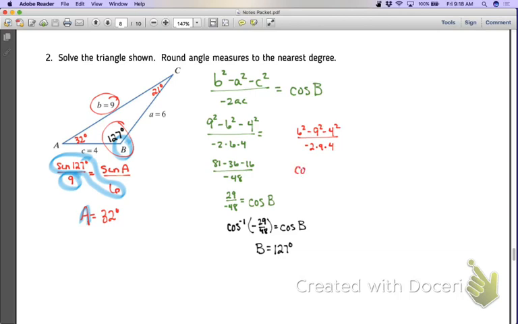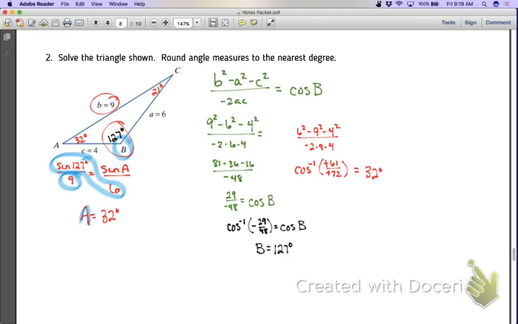And you would just do inverse cosine of 36 minus 81 minus 16, and have negative 61 over negative 2 times 9 times 4, so negative 72. Some students would rather just go inverse cosine of negative 61 divided by 72. And you know what? They still get 32 degrees.